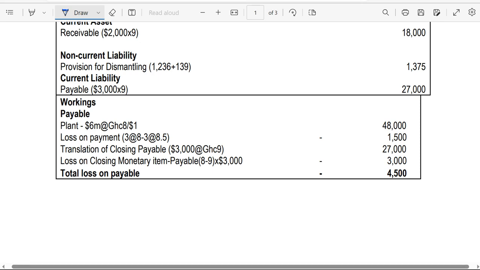And then at the end of the year, there will also be the translation of the balance of the payable, which is also the 3,000 at 9 compared to 3,000 at 8. So there is an exchange difference of 1.5 loss and 3,000 loss. The 1,500 loss is on the payment, and the 3,000 is on the balance of the payable, the unpaid balance.